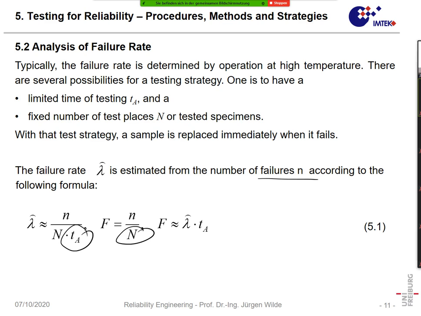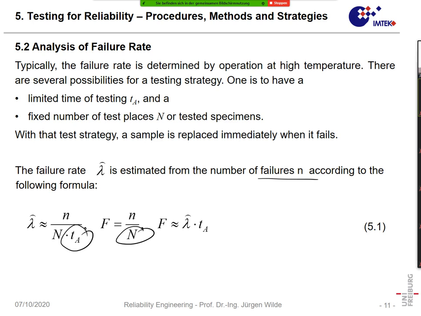The failure function, that is the total fraction of failures, is the failure rate multiplied with the time. That is only valid for small numbers of failures, and also only valid for relatively short times.